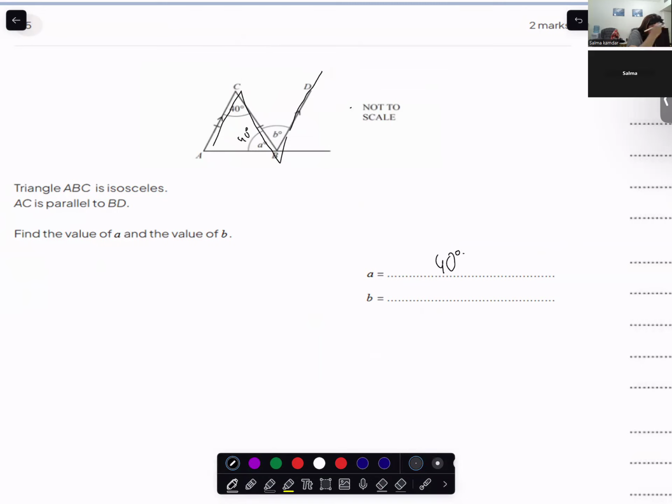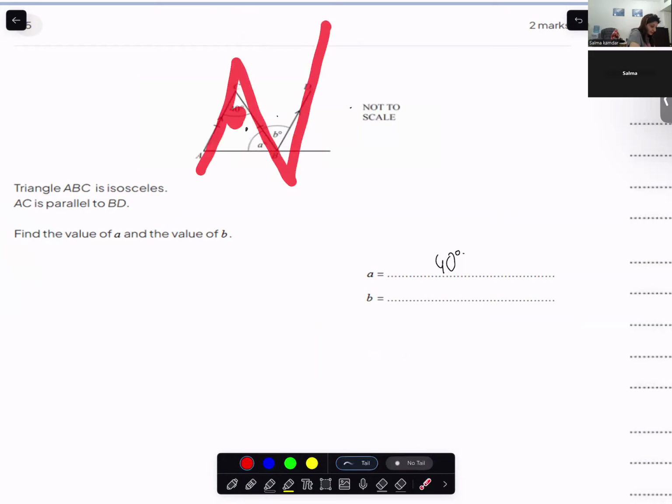This will be 40 degrees. Now I have to find B. There is one mistake that we have made over here. It's an alternate angle, right? So this angle will be equal to this angle, Z. So angle B would be 40 degrees.